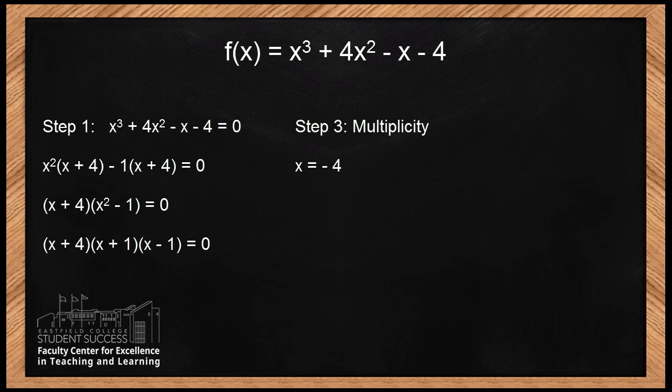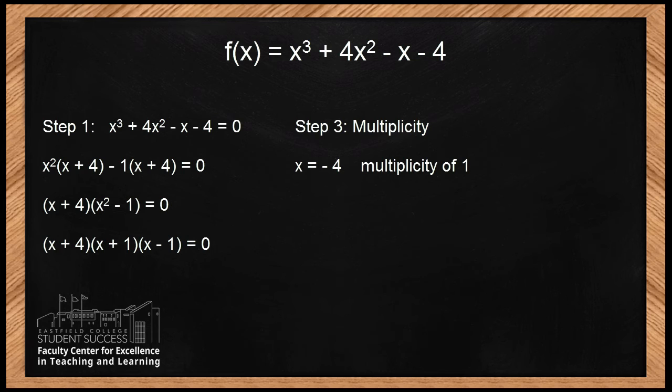To find the multiplicity, we go back to our factored form of the function and find out how many times we see the factor of x plus 4. Another way of saying it, look at the exponent on x plus 4, and the exponent is 1. So we have a multiplicity of 1 for x equals -4.